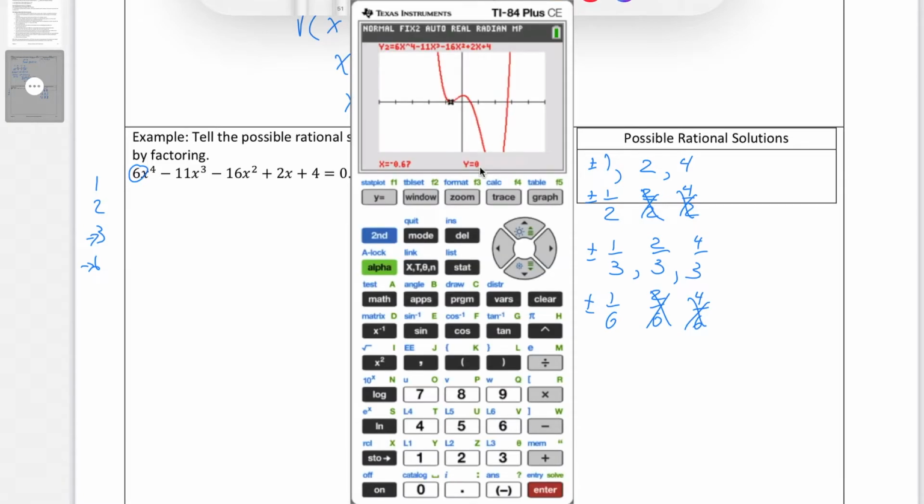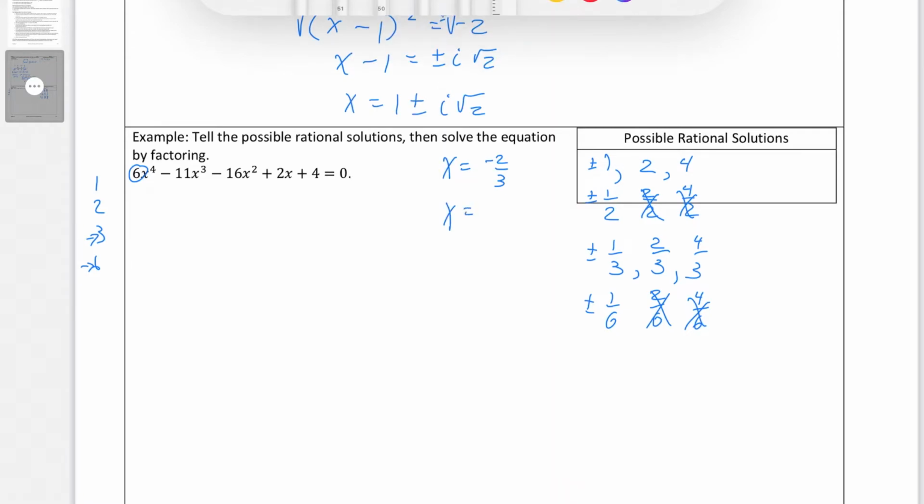But let's go back and look at the graph. I see that there's also an apparent solution number somewhere between 0 and 1. It looks like about halfway there. And I notice that 1/2 is one of the possible solutions in my list. So I'm going to see what happens at x value 1/2. And that's also a solution. So I'm going to go back to my work and write x is equal to 1/2.